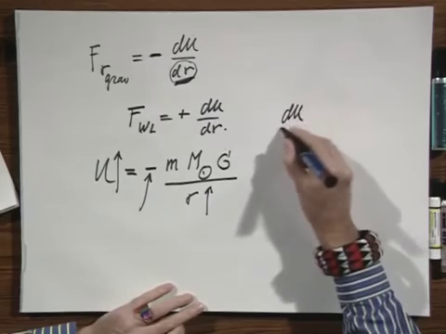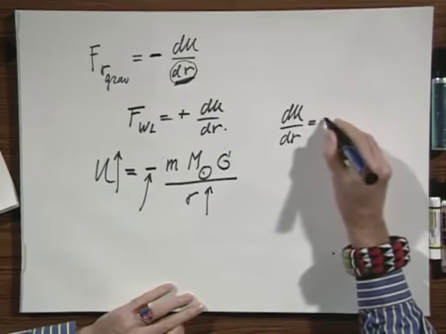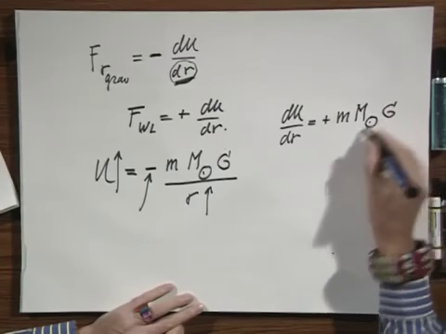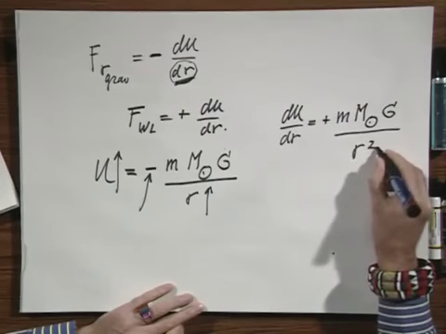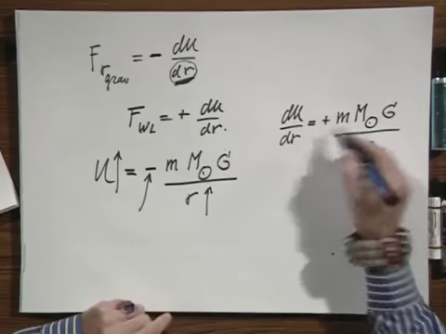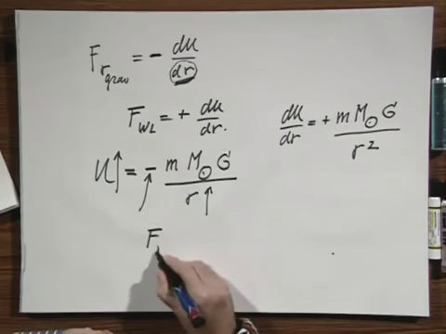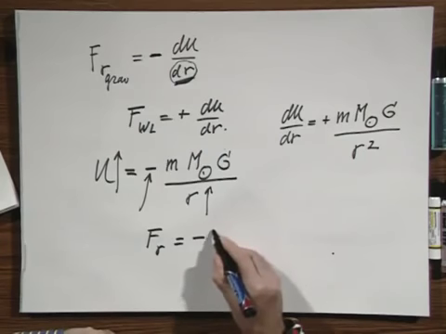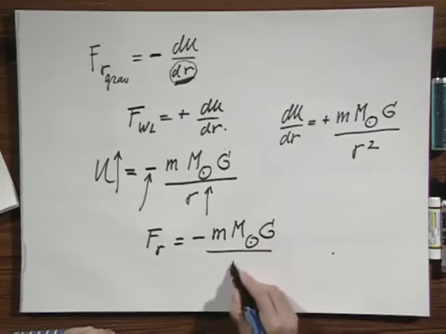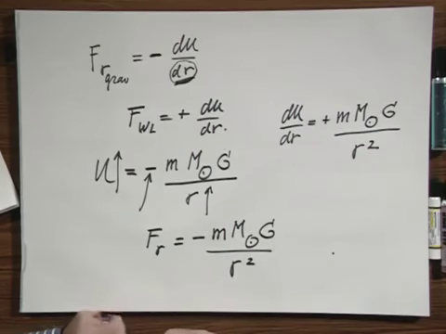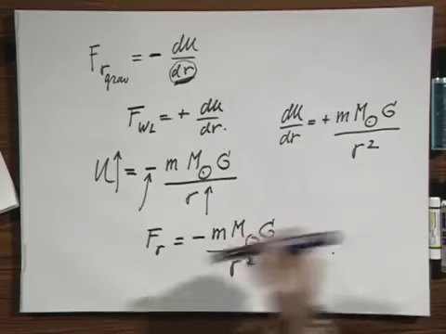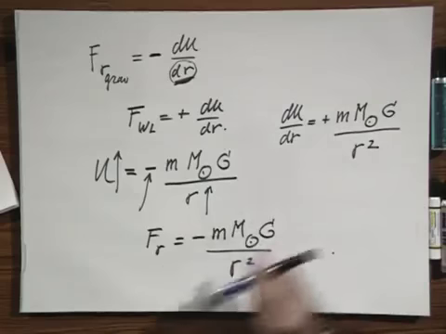Now dU/dr equals plus m_sun times G divided by r squared. So F in the radial direction of gravity is minus dU/dr. So F in the radial direction equals minus m_sun G divided by r squared. And the minus sign then indicates that it is pointing in the opposite direction as increasing r.